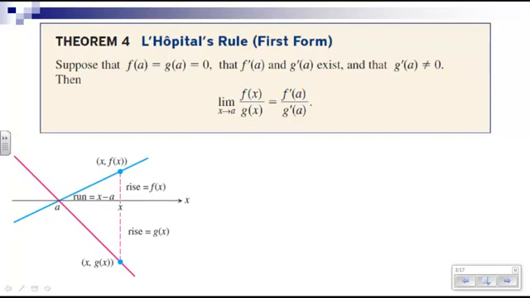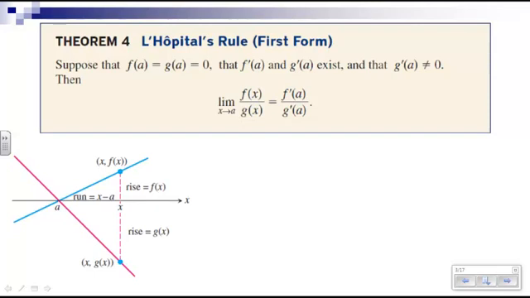Now, think about this idea of rise over run. I'm not at A yet. I'm at some arbitrary x value away from A. This distance here is f of x. This distance here is g of x.